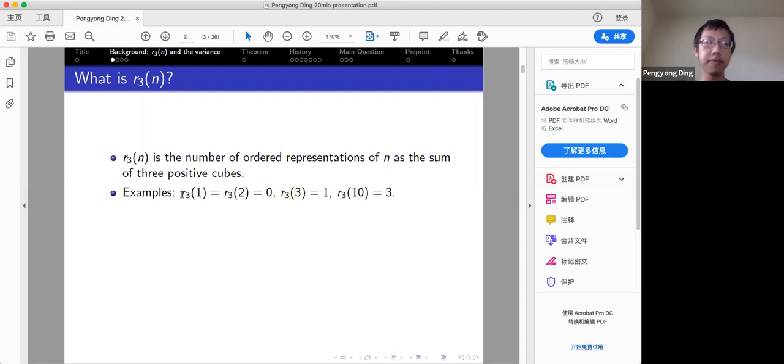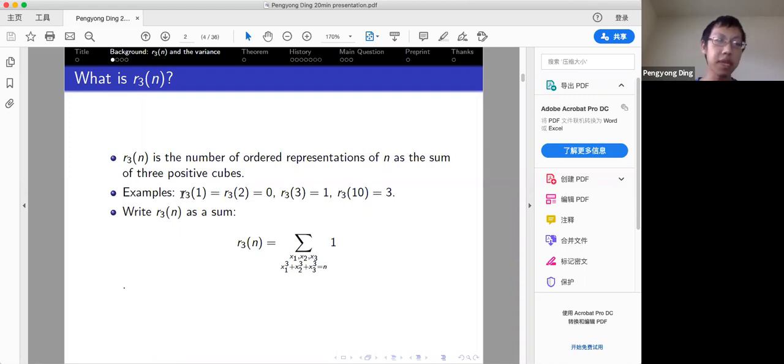And R3 of 3 is 1, because there's only one way: 1 cubed plus 1 cubed plus 1 cubed. And R3 of 10 is 3, because we have 2 cubed plus 1 cubed plus 1 cubed equals 10, and there are permutations: we can also write it as 1 cubed plus 2 cubed plus 1 cubed, or 1 cubed plus 1 cubed plus 2 cubed. So that's why R3 of 10 is 3.